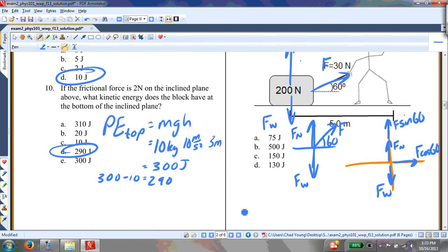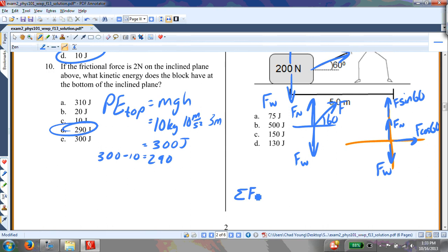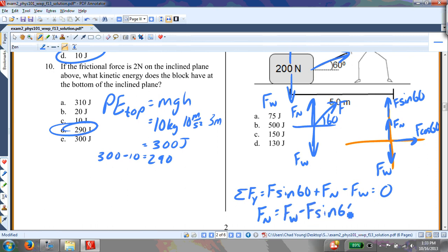If I look at the sum of the forces in the y, because that has my normal force in it, that's going to equal F sine 60 plus Fn minus Fw equals 0, because it's not accelerating in the y direction. And so Fn will be Fw minus F sine of 60.